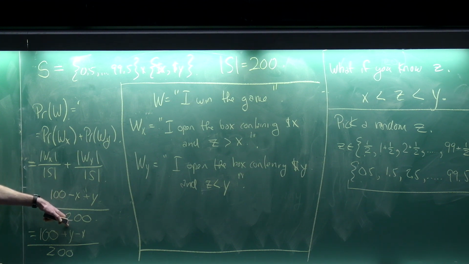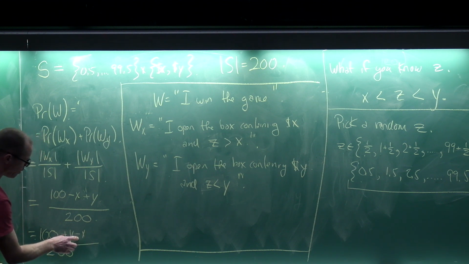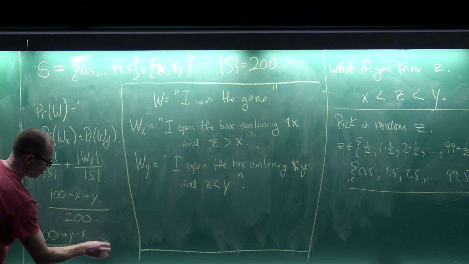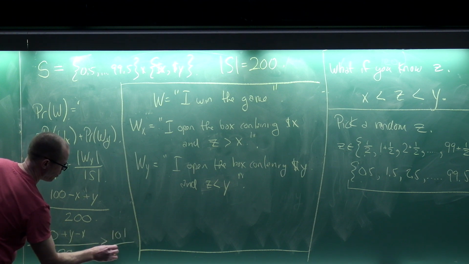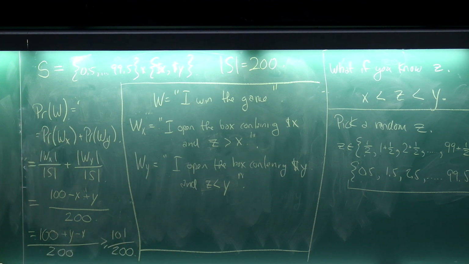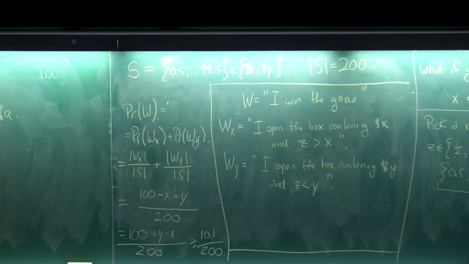Can you tell me anything about it? It's greater than 0. In fact, it's greater than or equal to 1 because x and y are integers, right? So the boxes have two different amounts and y is larger. So this number here is bigger than or equal to 1. So you get 101 over 200, which is bigger than or equal to 101 over 200.